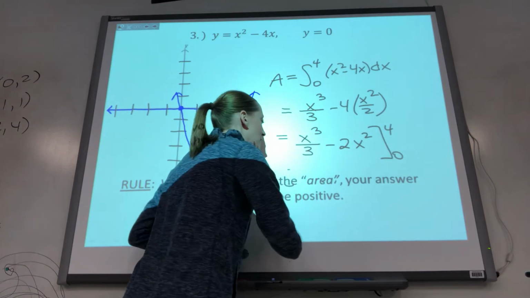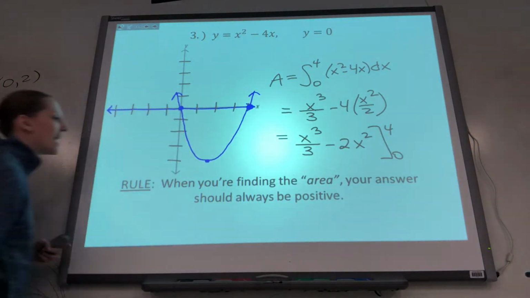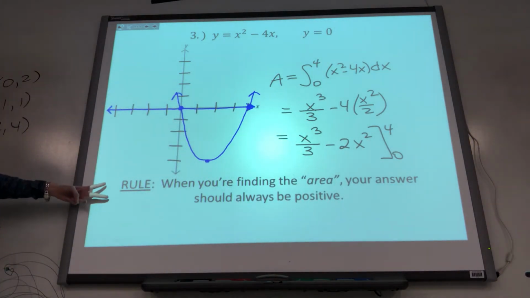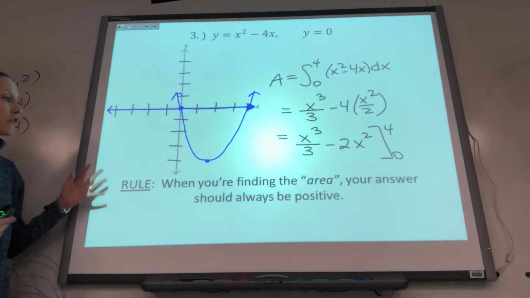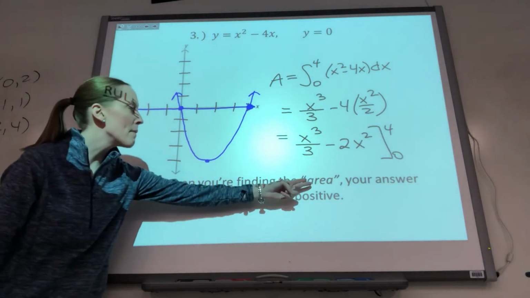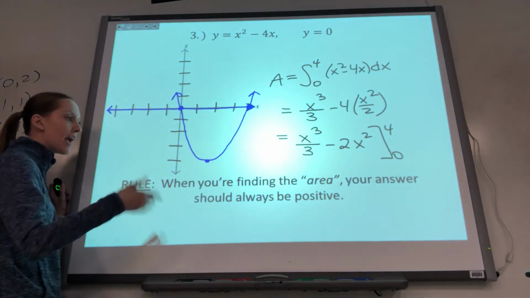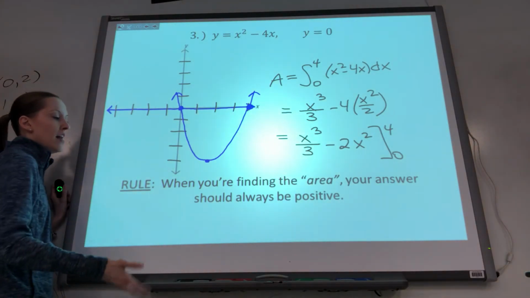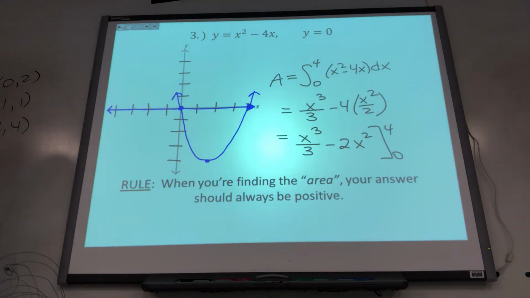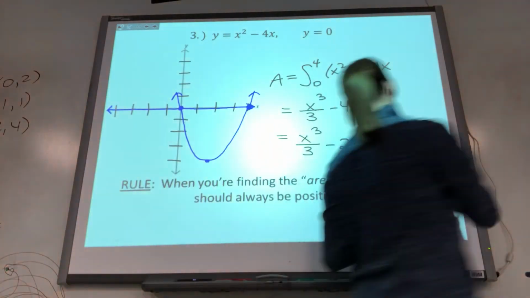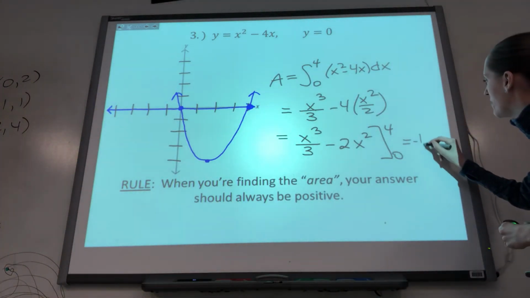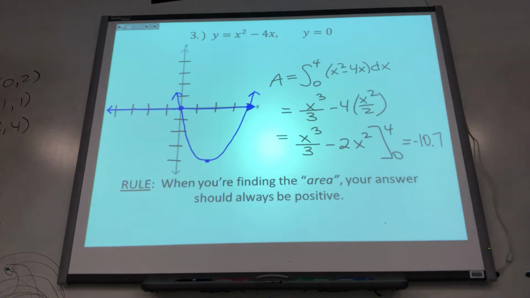Now, I've got a little bit on the PowerPoint here about this, and I wrote right on top of it, but you might actually want to copy down something about this in your notes today. When you're finding the "area," and I put quotes around that because if that's what it says in the directions, find the area of the region, then your answer should always be positive. Right now, I have negative 10.7.